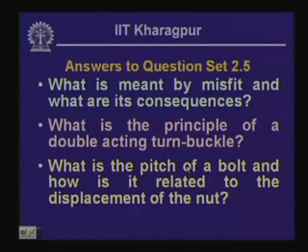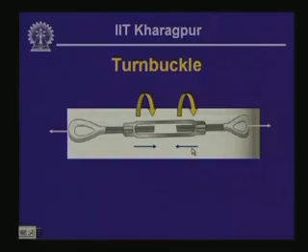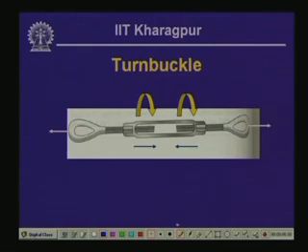Now, the next question which was posed was, what is the principle of a double acting turnbuckle? If we remember, we introduced the lack of heat by turning this kind of system which we call a turnbuckle.